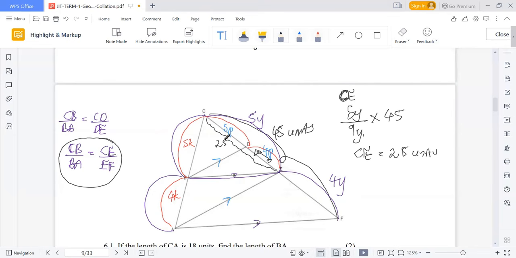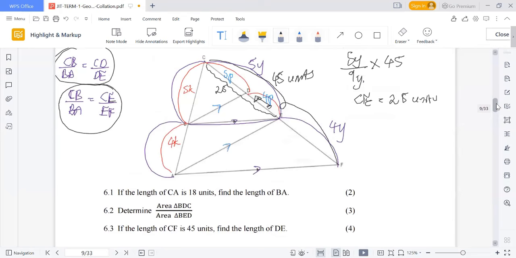So that's 25. But again, making use of this here, we can say that it's still in the same proportion. So we have 5P and 4P here. So to calculate the DE that we are looking for, they said, find the length of DE. So now to calculate the length of DE, we can say the ratio of DE is 4P over the total of what? 9P, multiplied by the total length of CE, which is 25.